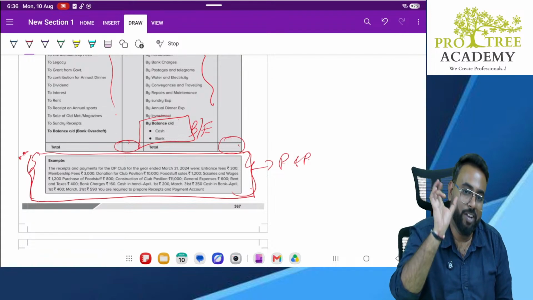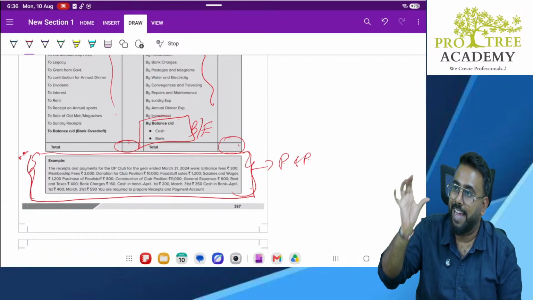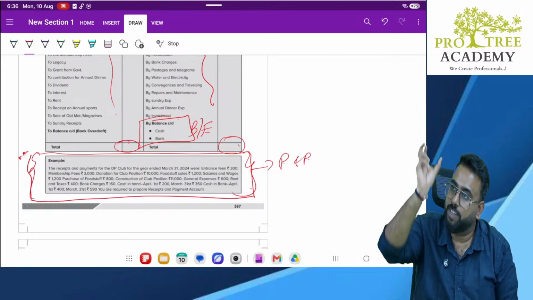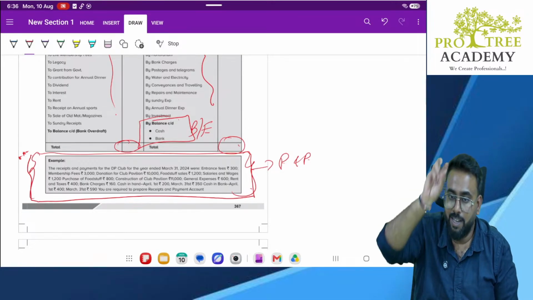See, it is similar to your cash book. The only thing is, in the cash book, if it is coming on different dates, we record on those dates only. Here we put it in summary.